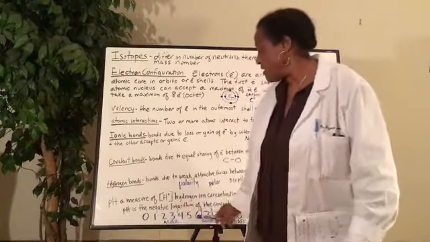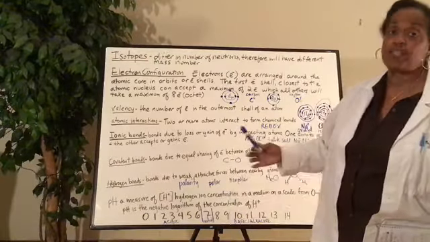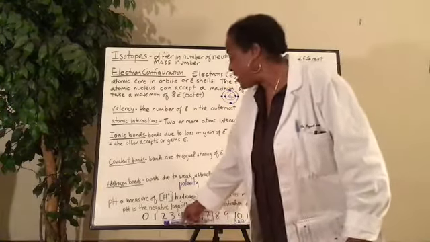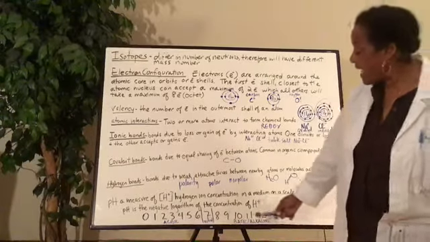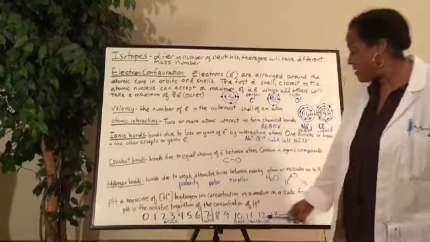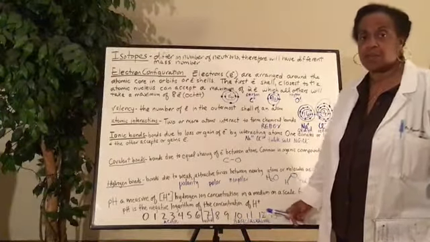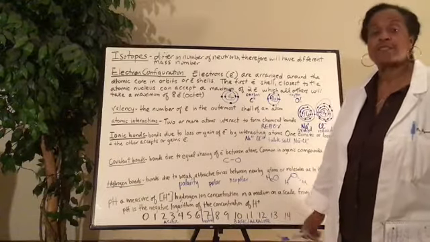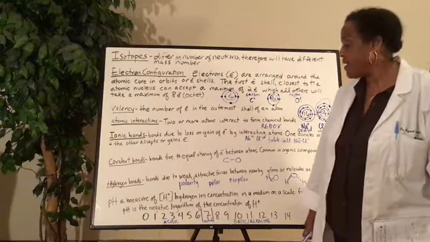A pH of 0 to 6, pH 1, pH 2, pH 3, pH 6, means that substance will be considered acidic. Anything higher than 7, going to 14, a pH of 8, 10, 12 or 14, will be considered basic or alkaline, okay?